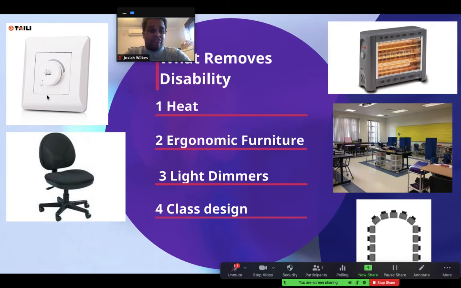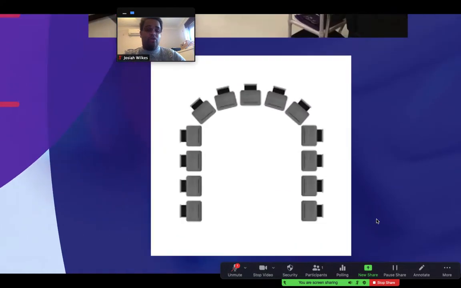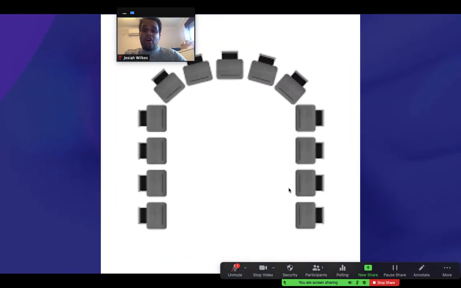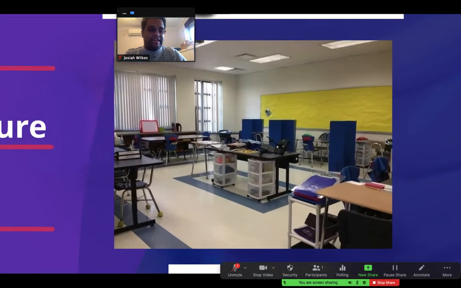The last thing that I really love is the class design. So I love shoehorn classes because there's nothing to bump into for me. I love being able to go to everyone in the class and be able to move around in the middle and get everyone talking to each other. This is another alternative.